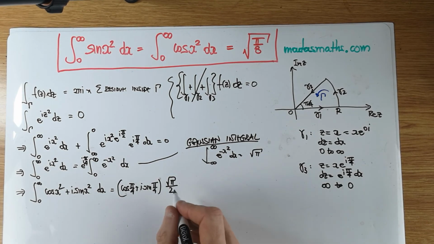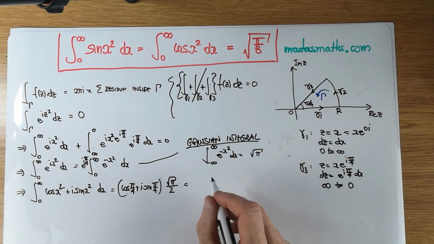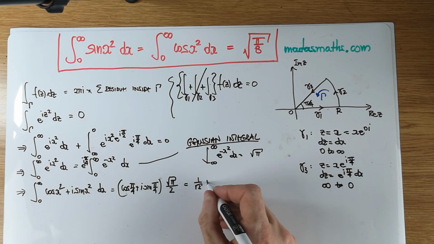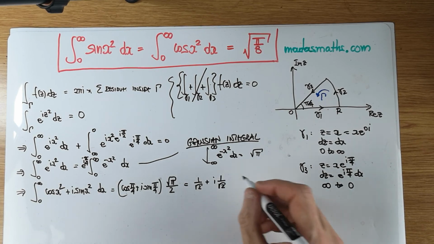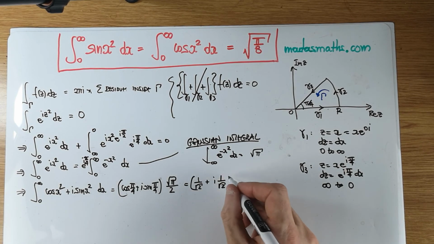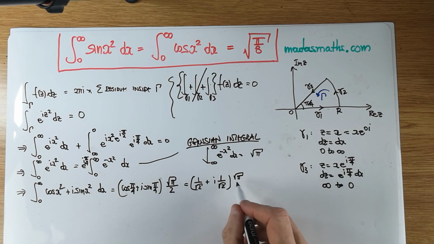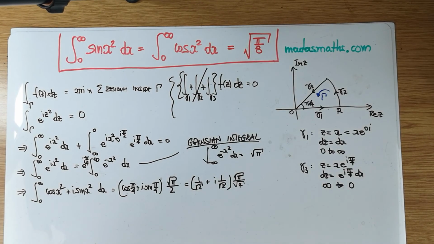So what does that give us? Well, does that give us now a root 2 over 2? It might be a better idea to write it as 1 over root 2 plus i 1 over root 2 as well, multiplying the square root of pi over 2, and probably I'll write it as the square root of 4 because of how I have the answer up there.